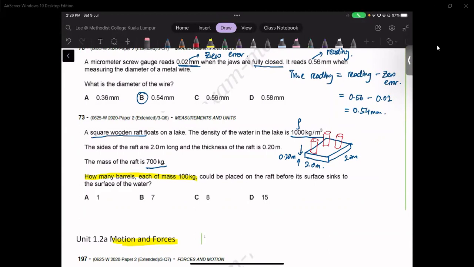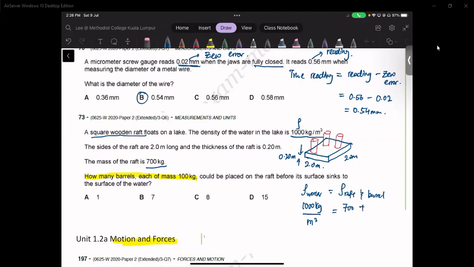So you want the density of the thing to be the same as the density of the water, right? The density of the water will be equal to the density of the raft and barrel combo. Density of water is 1,000 kg per meter cube. I know the raft itself is 700 kg.